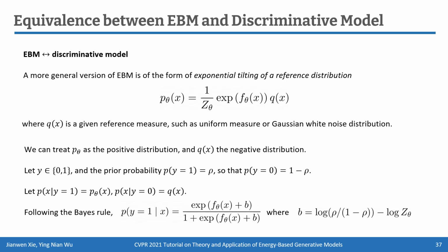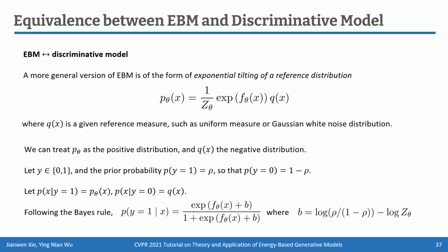Here I want to show that the EBM and discriminative model are equivalent to each other. A more general version of the energy-based model is of the form of exponential tilting of a reference distribution. Let X be the data. Q of x is a reference distribution, such as a uniform distribution or Gaussian white noise distribution. The original form of the energy-based model corresponds to Q of x being a uniform distribution.